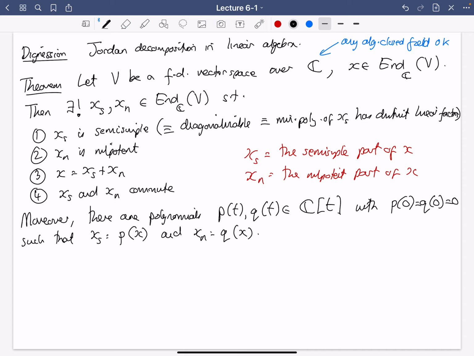So the semi-simple and nilpotent parts of x are both just polynomials in x with constant term 0.